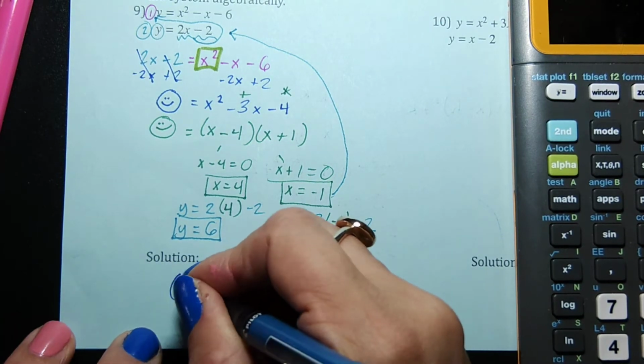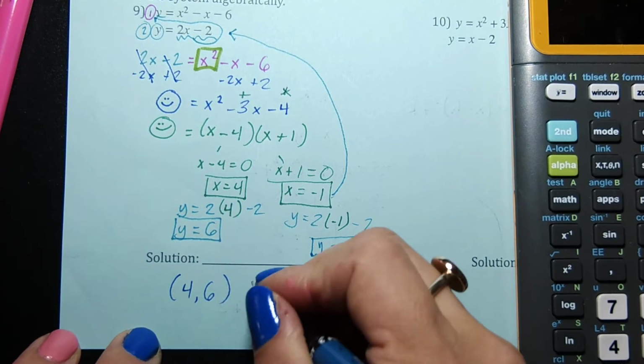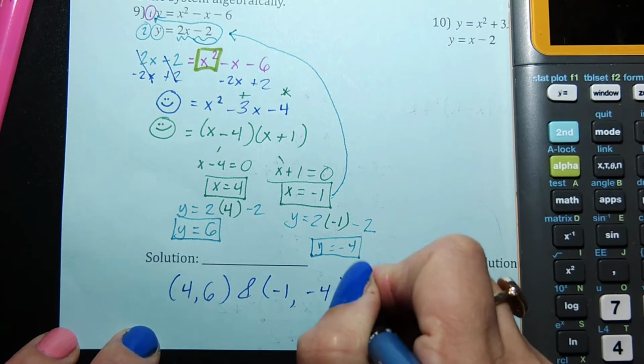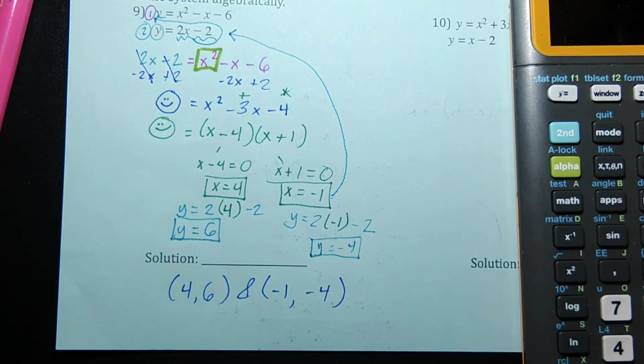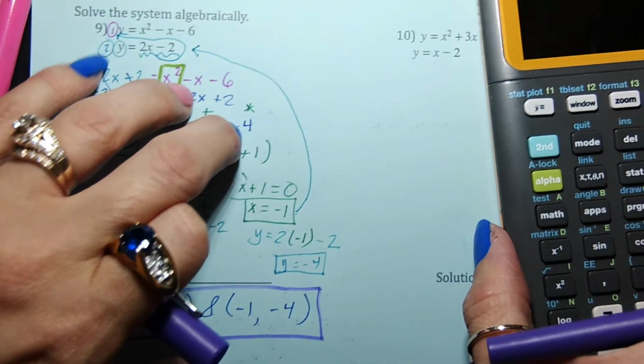So my two solutions written as coordinates are (4, 6) and (negative 1, negative 4). Any questions on that one? All right, folks, go ahead and put a box around those. And let's start this one.